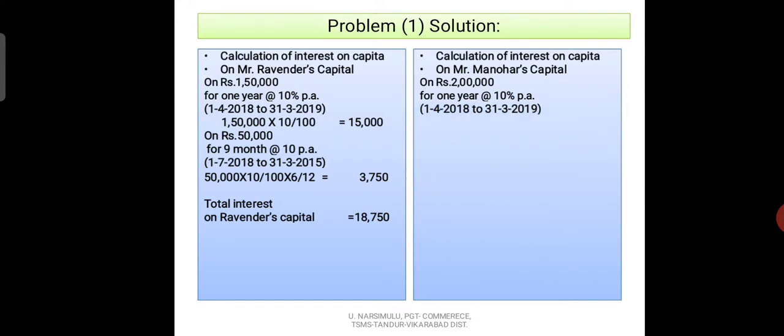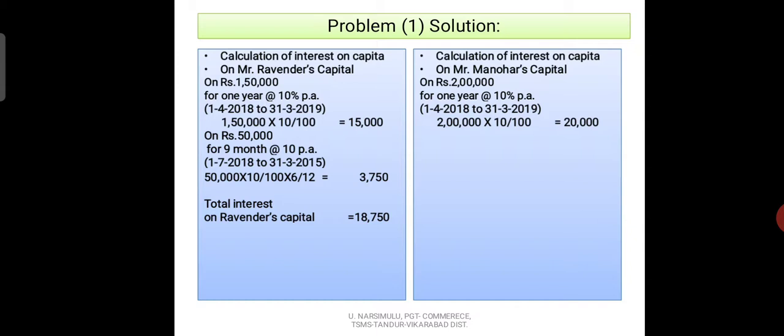And I just before told you per annum means nothing but 1 year. 1 year consists of 12 months. For 12 months we calculate interest on capital at the rate of 10%. So 2 lakhs into 10 by 100, then we get 20,000.